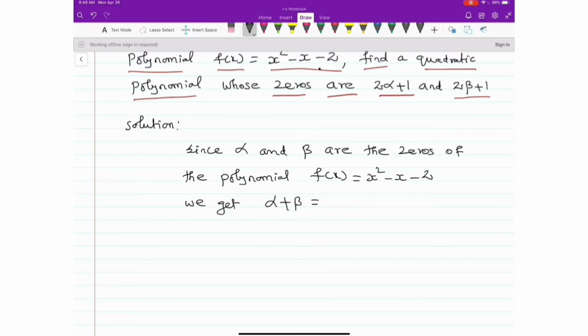Sum of the zeros is minus b by a, which is equal to minus of minus 1, which is equal to 1. Let me name this as 1. What will happen to the product of zeros, that is alpha beta, which is equal to c by a. Here the constant term is minus 2. So minus 2 by a is coefficient of x square, which is 1. So this is minus 2. Let me name this as 2.